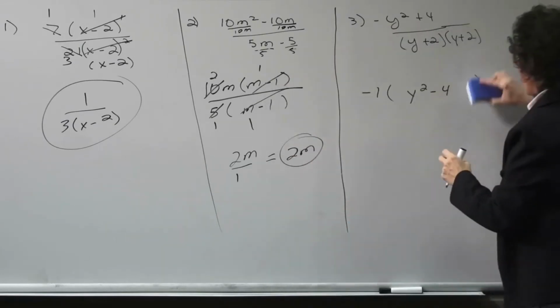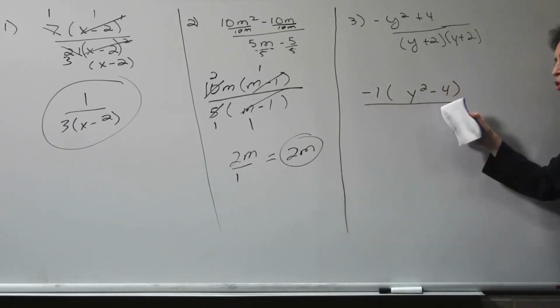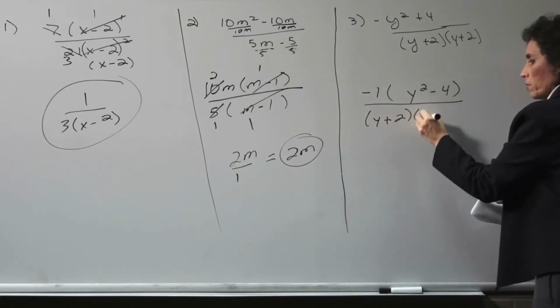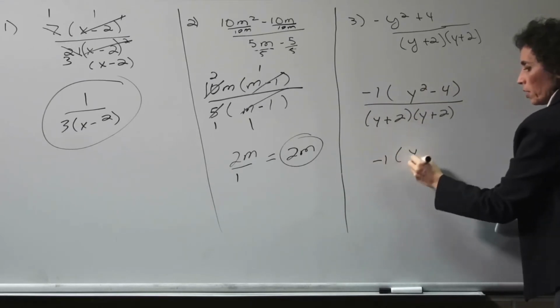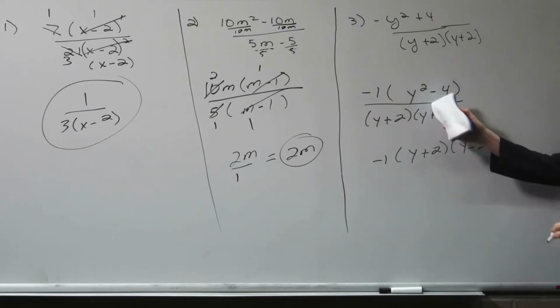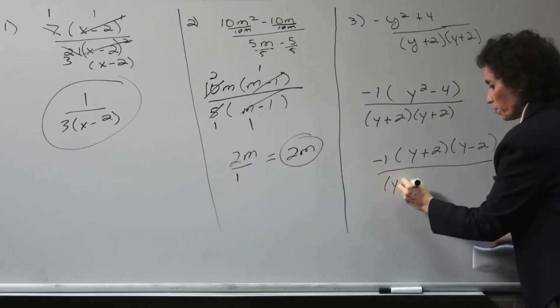Well, guess what? I know you see it. That is the difference of two squares. I'm going to write this down here. But now I have to factor that. Difference of two squares. Y and y for y squared, 2 and 2 for 4. Signs are different over this.